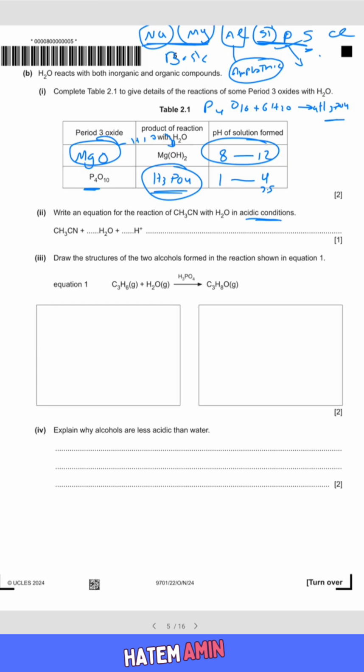After that, this amide gets more hydrolyzed by water to give us acetic acid. So we should memorize it like that. To write the two steps, the first step is CH3CN plus H2O should give us an amide, CH3C double bond O, NH2.